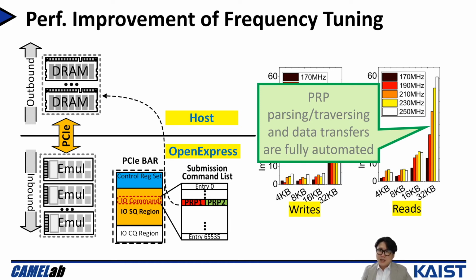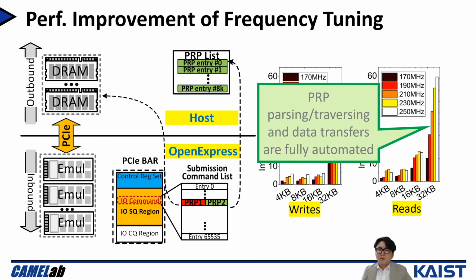Otherwise, the target device needs to go to the location indicated by PRP2 and then fetch a set of PRPs from the host. And this is actually not the data, but just a set of pointers. It then traverses all PRP entries and transfers each of them, which requires high frequency to operate and transfer the data from the host to the storage side.